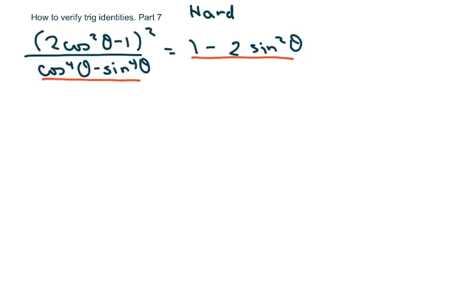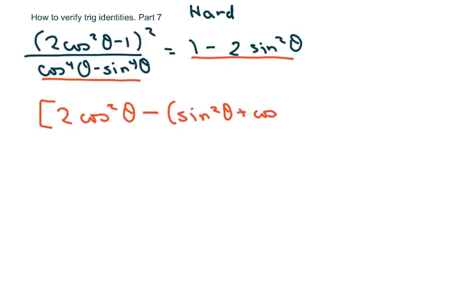So what I'm going to do is write this out as 2 cosine squared of theta minus 1. And my 1 I'm going to write as sine squared theta plus cosine squared of theta. The reason these are hard is you have to force things and you have to split things up.